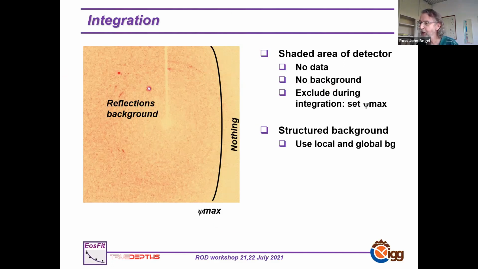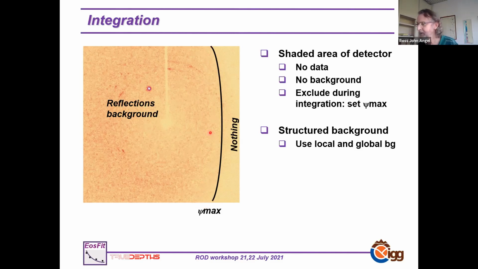If you use a global background correction, as Chrysalis does, and you include this area of zero background in your global background correction, clearly that will pull the background function down, and the background estimation in the neighborhood of this limiting shade will be wrong.